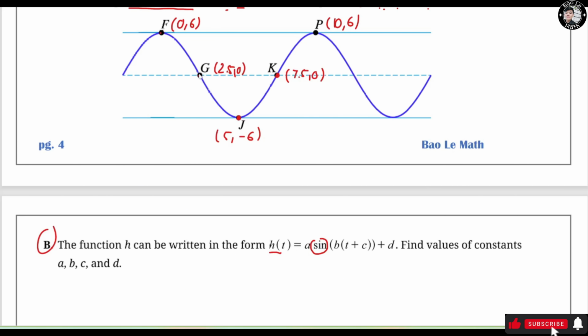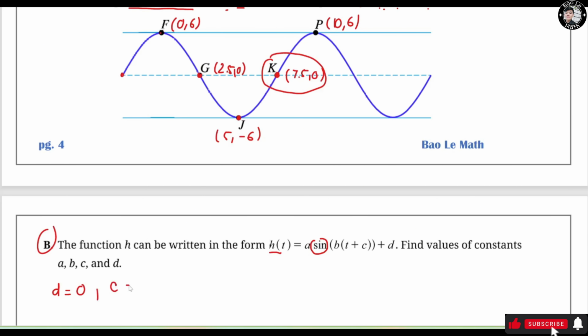You can pick this point, you can pick this point, you can pick this point. I'm going to pick this point right here. So at point K, the vertical shift d equals 0, because it starts at the midline.